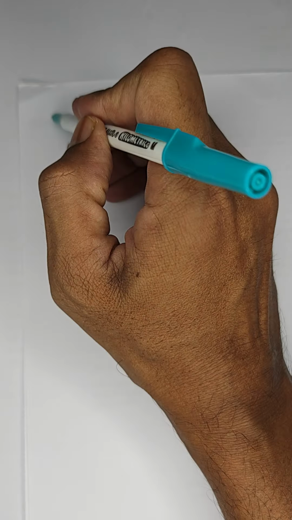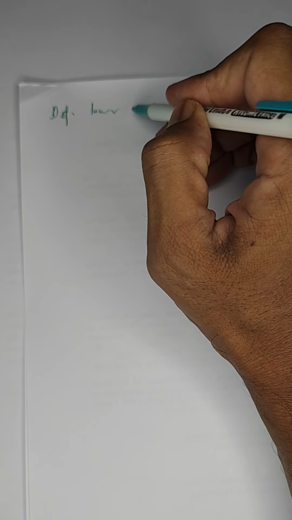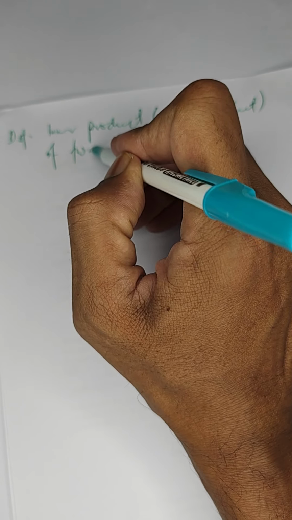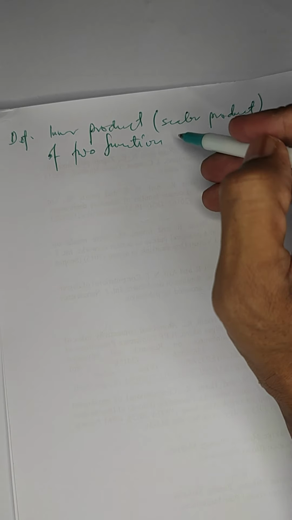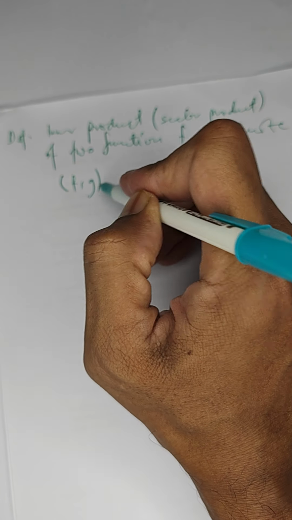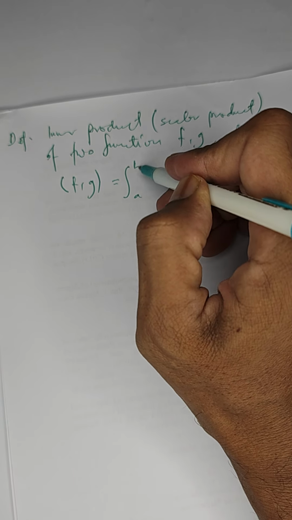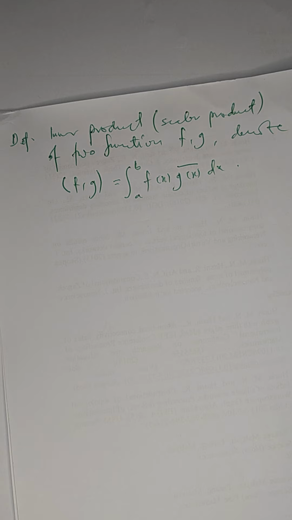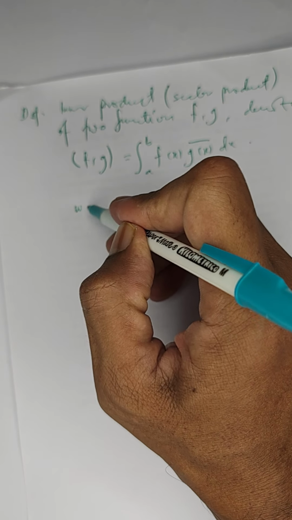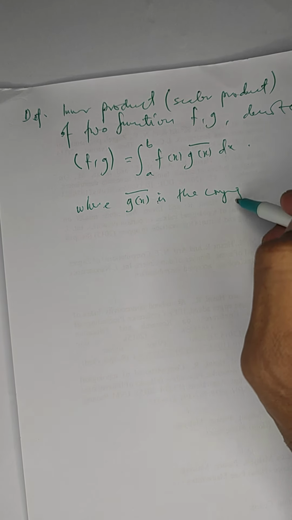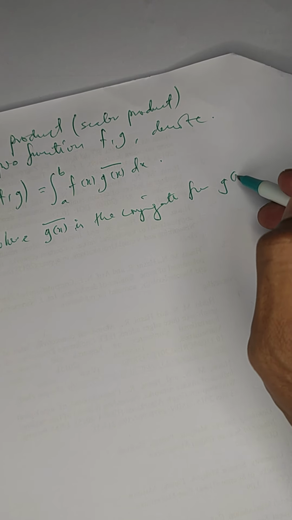Definition: the inner product, also known as the scalar product, of two functions f and g, we denote as (f, g), and this is defined as the integral from a to b of f(x) g(x) bar dx, where g(x) bar is the conjugate of g(x).